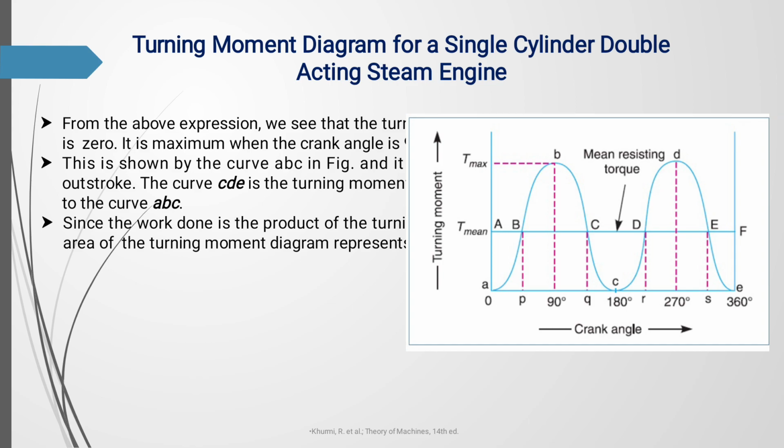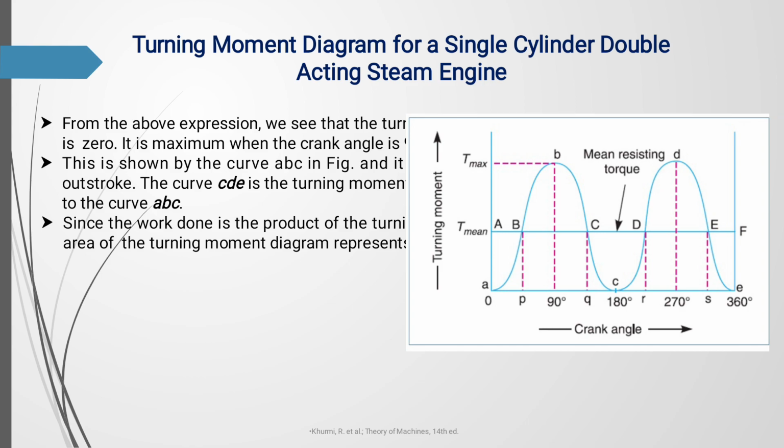Therefore, since the work done is the product of the turning moment and the angle turned, the area of the turning moment diagram represents the work done per revolution. Here you watch one important line, T mean. The mean torque of the turning moment diagram is the middle of the given figure.